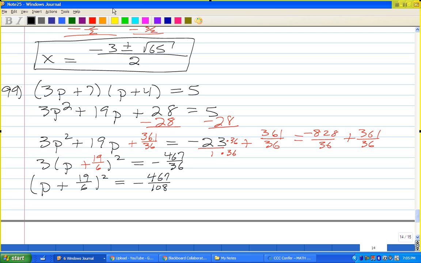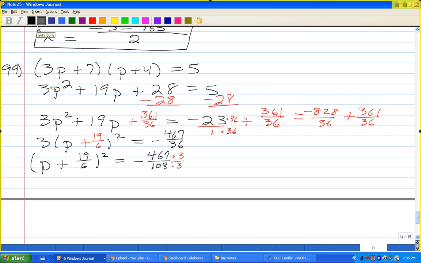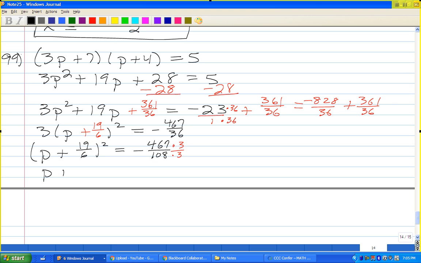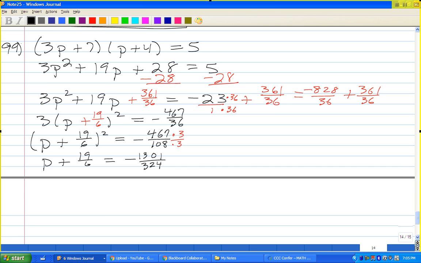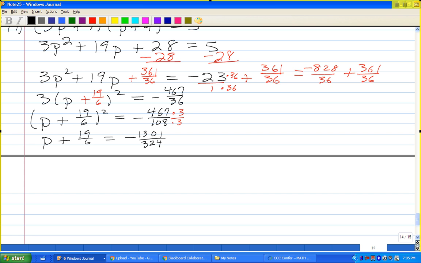Let me multiply and divide by 3. So I have negative 1401 over 324.